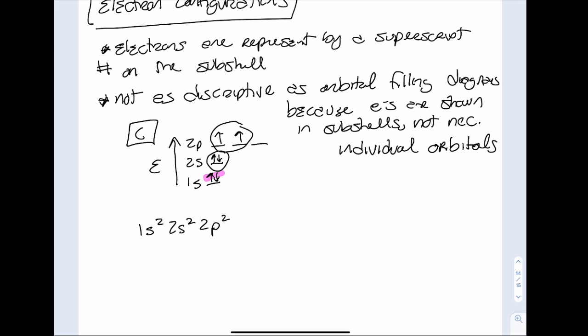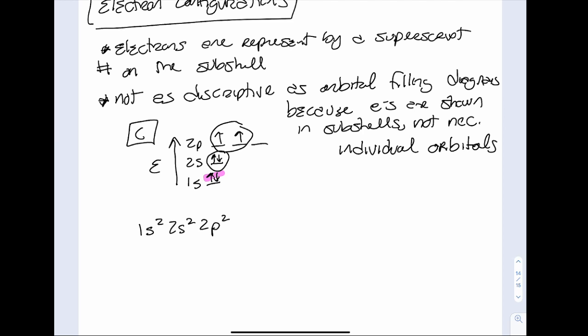So again, it's not as descriptive because our electron orbital diagram, right, is showing 2 separate regions of space for the p's with 1 electron in each. Here I'm just saying the p has 2. We often are going to use electron configurations because it's just quicker. So if I want to show something real quick, I'll use electron configurations.